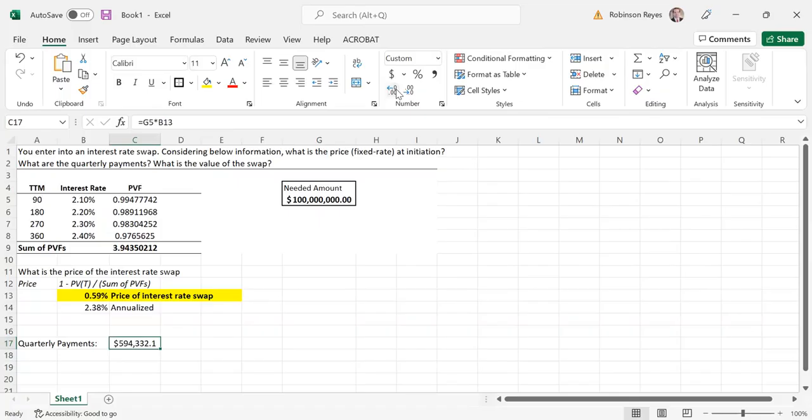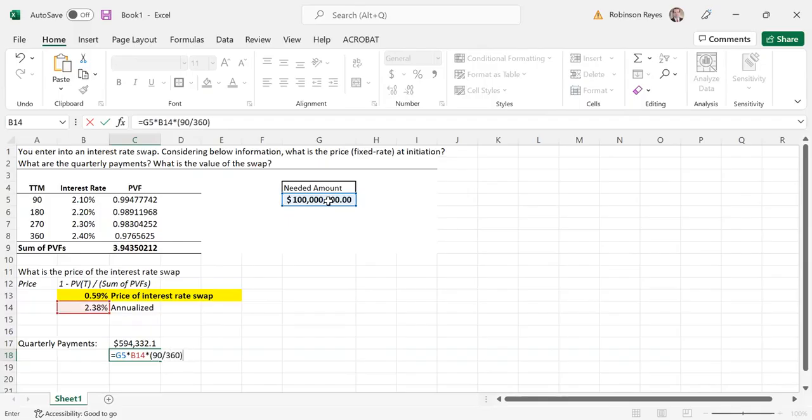Another way that you may see in the book is a little bit of a longer formula, which is this notional amount multiplied by this annualized price. And then, of course, you need to adjust it using 90 divided by 360 because these are quarterly payments. So you're not going to get the rate that corresponds to the entire year.